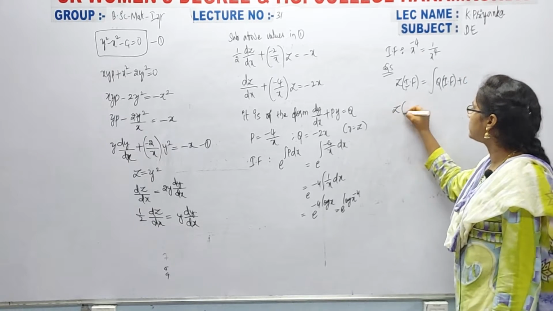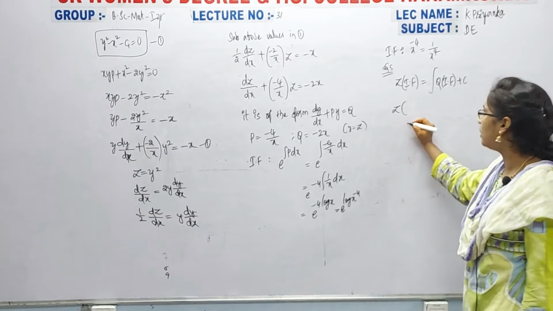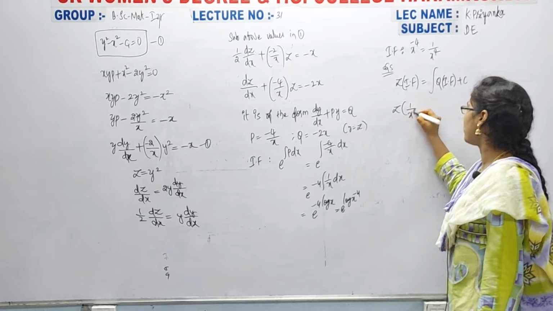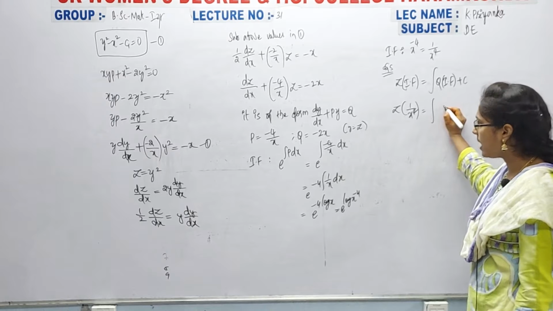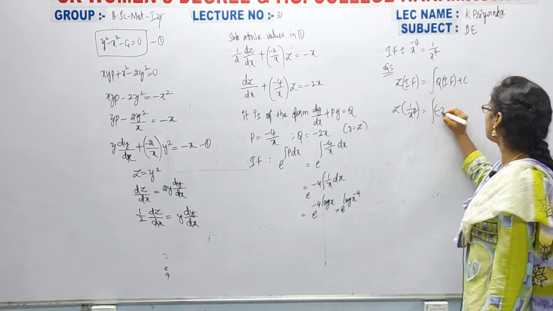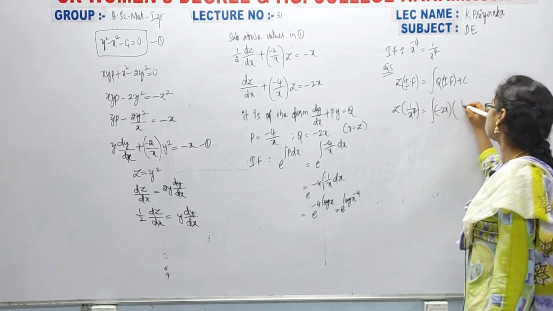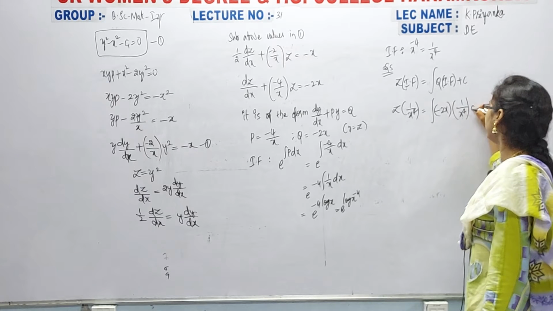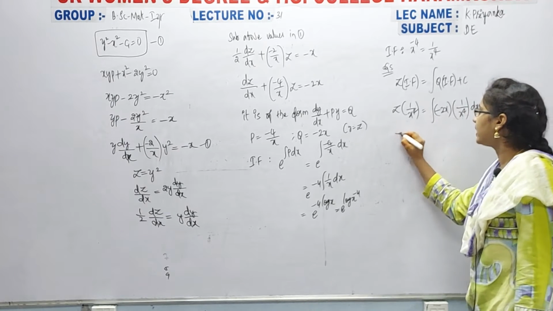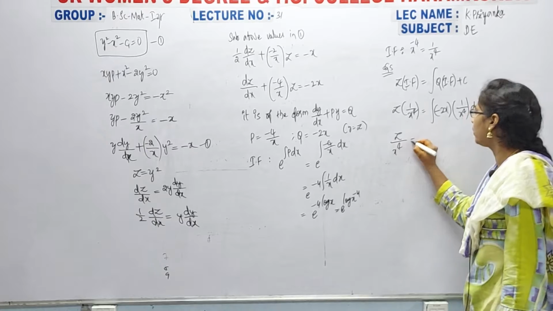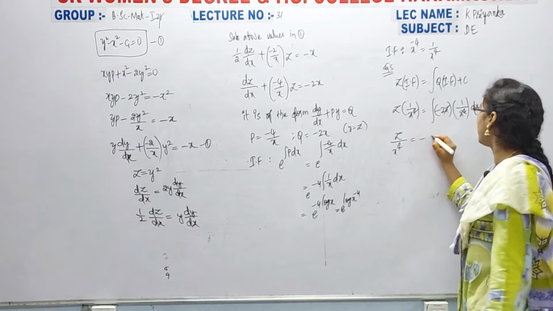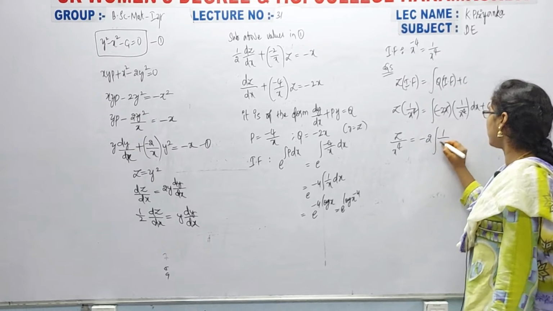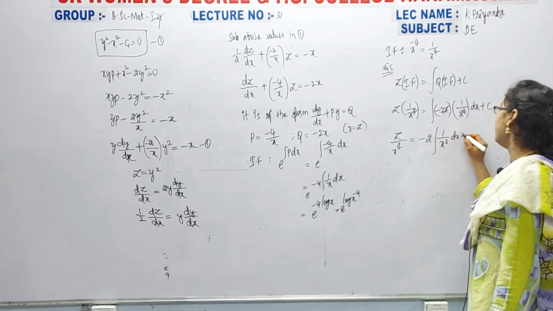Now z into integrating factor, that is 1 by x power 4, equal to integration of Q, which is minus 2x, into integrating factor 1 by x power 4 dx plus c. Then z by x power 4 equals, x and x cancel, minus 2 outside, integration of 1 by x cube dx plus c.